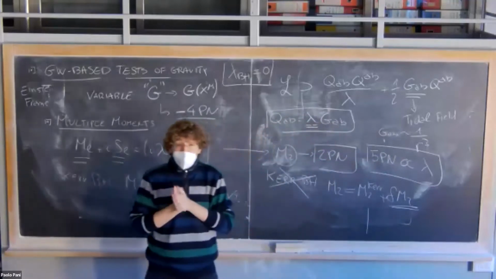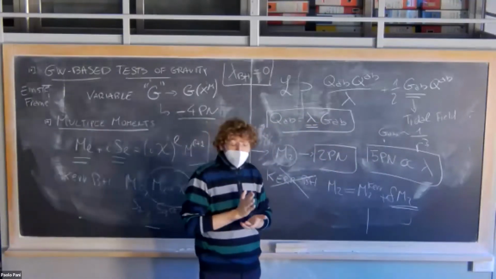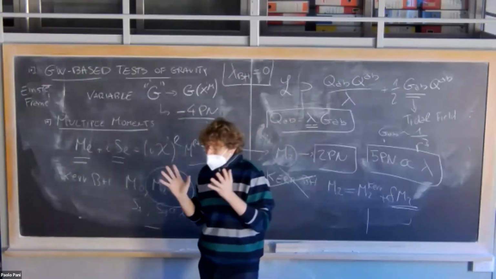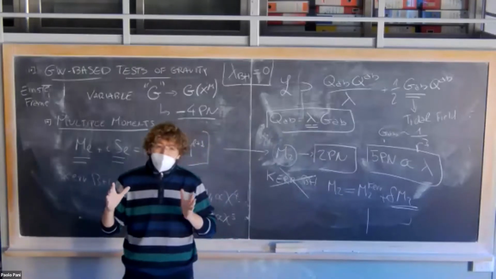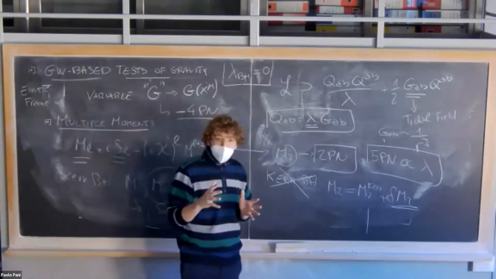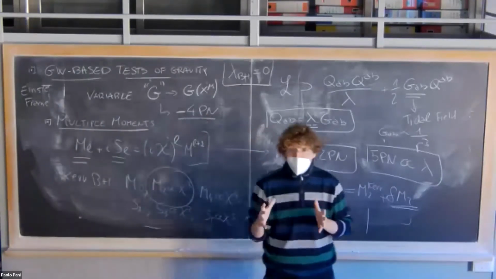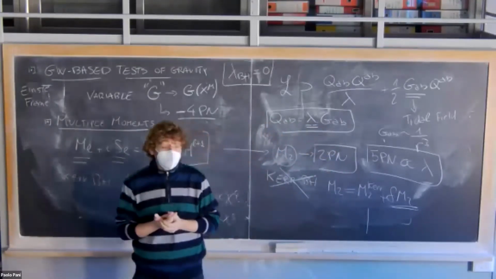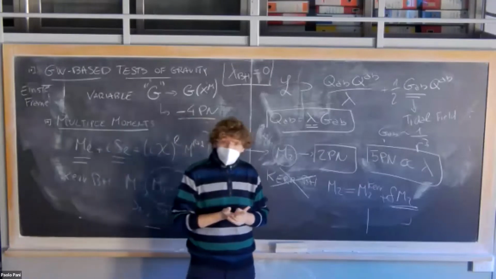This is a particular quadratic gravity in which only the parity-violating solutions of GR are different. For example, Schwarzschild black holes are solutions also of this theory. Kerr black holes are not.